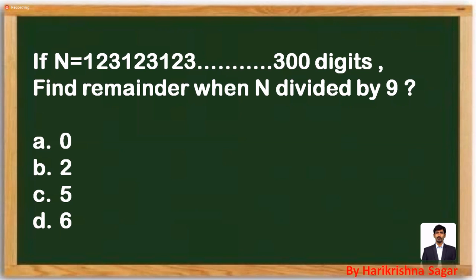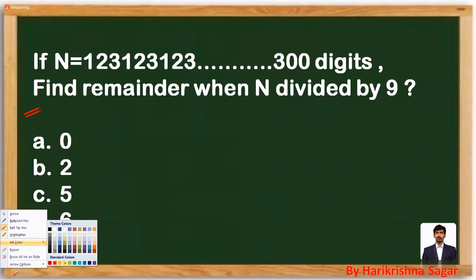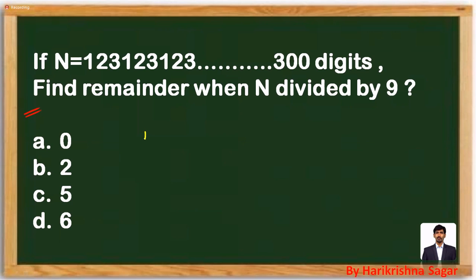What is the answer, child? Very simple. The given number is 1, 2, 3, 1, 2, 3, 1, 2, 3, and so on, 300 digits.